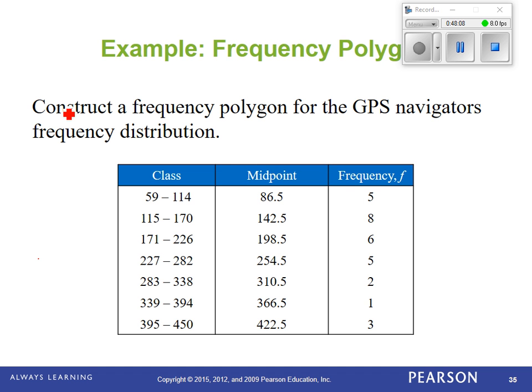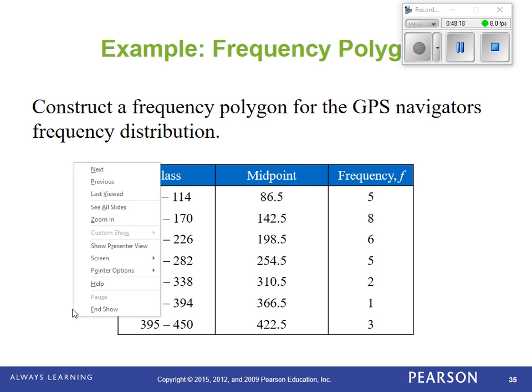So if we're going to construct a frequency polygon for this, Isaac, you still got those numbers written down? Yeah. We'll use them in a second. Okay, so all we're going to do is this. Our frequencies went from like 1 to 8 or something, right?